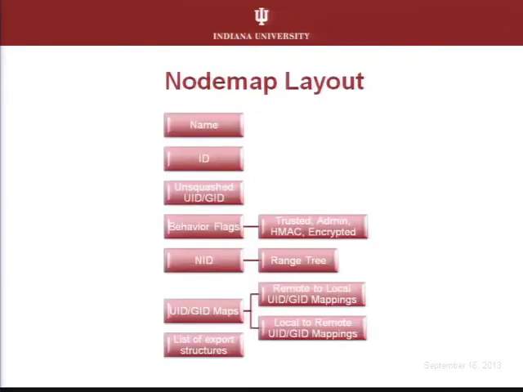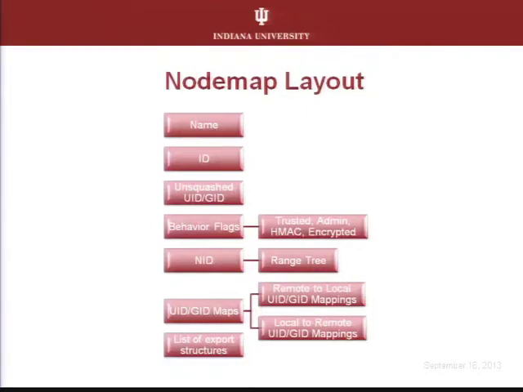So I came up with a structure that lives in the node map kernel module, and this is the basic layout. We have a human readable name, a numeric ID, and then the unsquashed UID and GID. This sort of supersedes the UID GID squashing that is currently available, but certainly doesn't replace it.